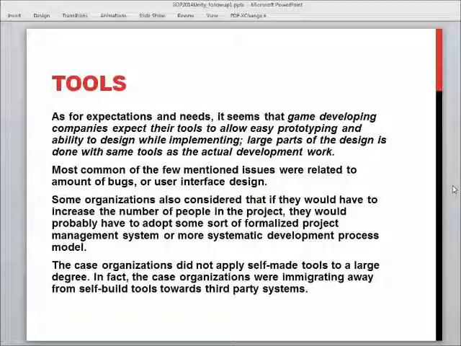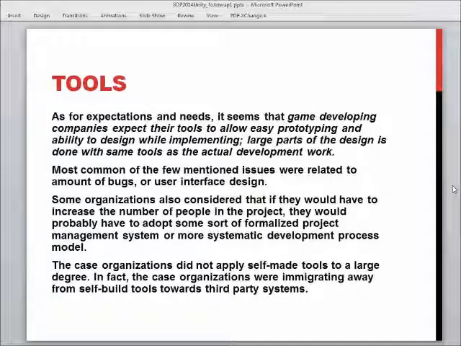So for publishers, you have to give some sort of documentation or formal project plan. But if you are doing self-publishing work, or your publisher doesn't care about how you got the game done, as long as it's done in time, then you usually don't follow anything really complicated or complex system.